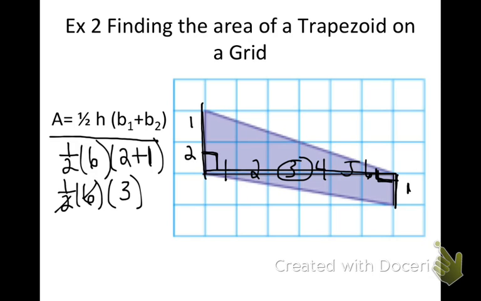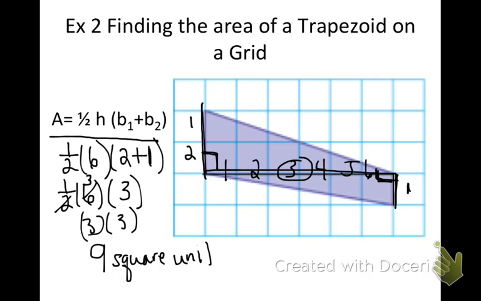I'm going to make my math easier. I'm going to take 1/2 of 6, and now I have 3 times 3. Therefore, my final answer will be 9 square units. Okay?